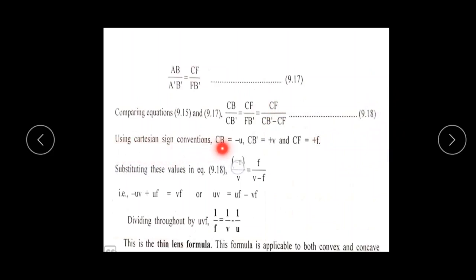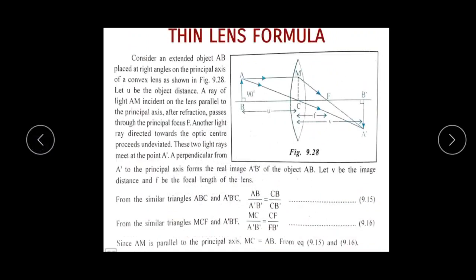So using the Cartesian sign convention, we know that if the measurement is along the direction of the incident light, it is taken positive. If the measurement direction is opposite to the incident light, then you take it as a negative sign. For CB, all the measurements start from the optical center only. C to B, the measurement is from C to B, but the direction of incident light is opposite.